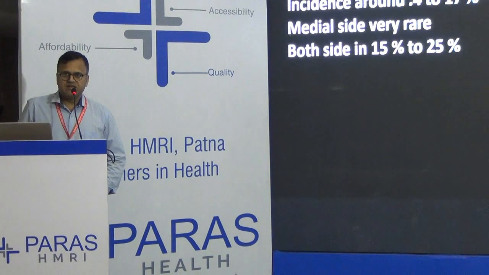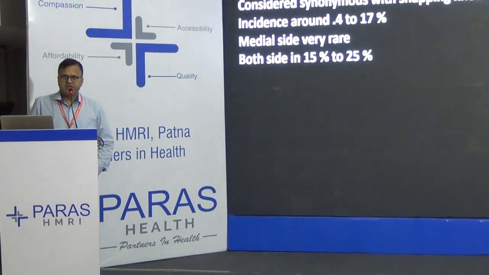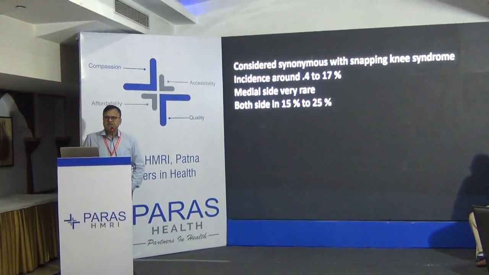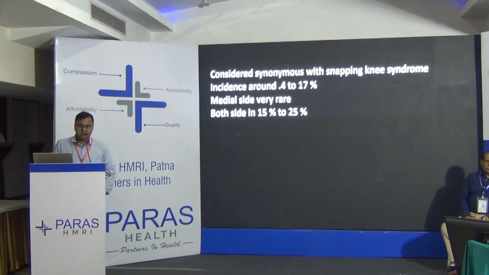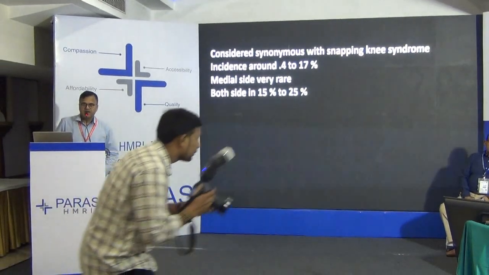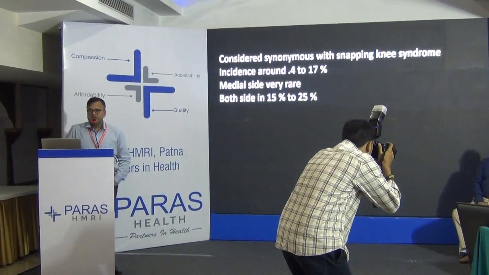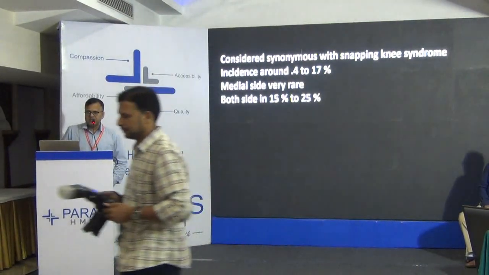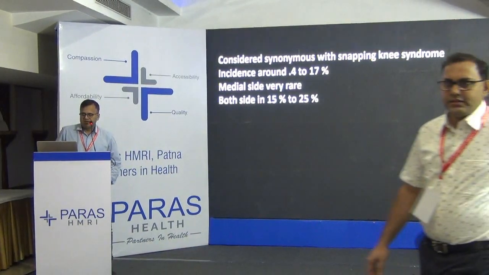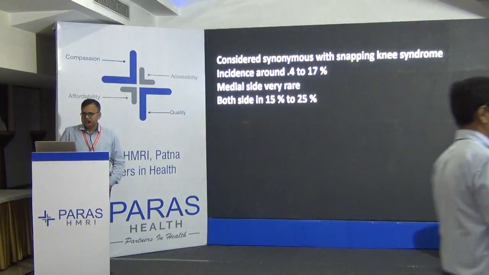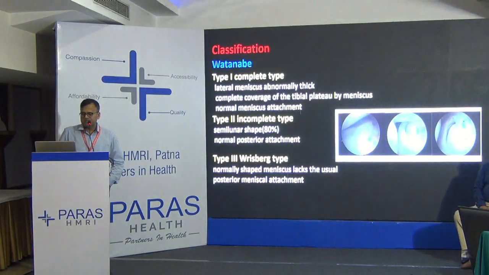Its incidence varies from 0.4 to 17%, mostly in the lateral meniscus. The medial side is very rare, only hardly 0.2 to 0.3%, and it is very common in the Asian population in the female group. Bilateral involvement is 15 to 25% of cases.